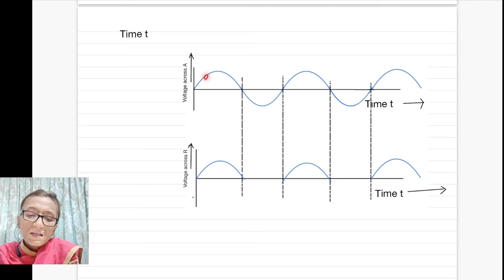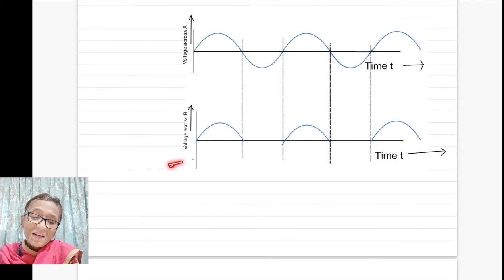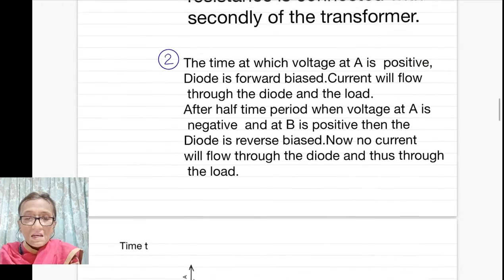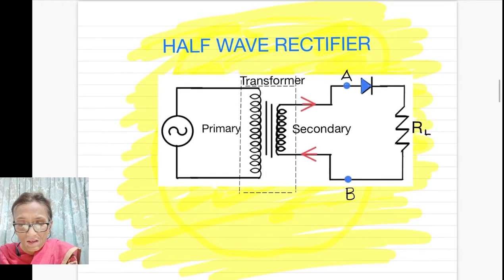Here you can see that the voltage first increases in the first half time period, then decreases to 0, and then the voltage changes its direction. Now at the load, what happens? You can see that it allows the voltage or current for only the first half time period, for which this point is at positive potential.